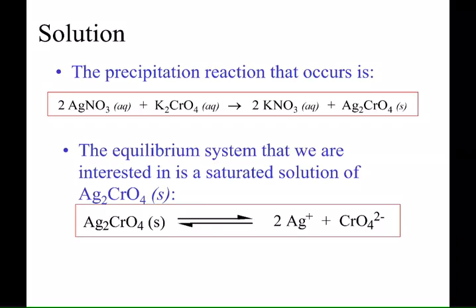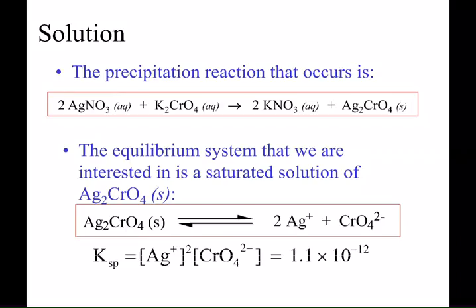What are we interested in about silver chromate? Well, we're interested in it being basically insoluble, in equilibrium with its ionized cation and anion. Then don't forget that you have to use stoichiometry here, because that's going to be the exponent on the molar concentration of the silver ion. So I would expect to see the KSP expression also.